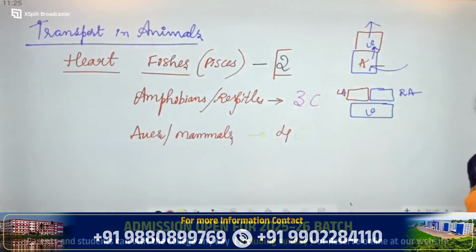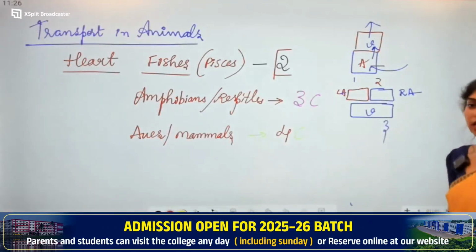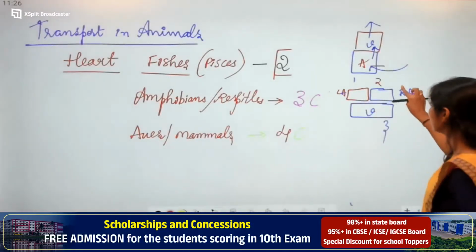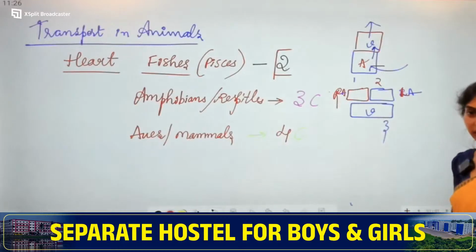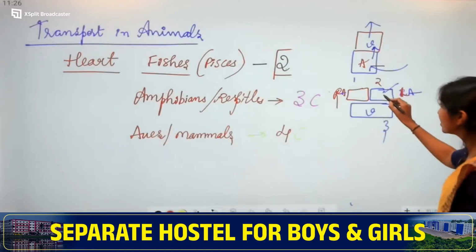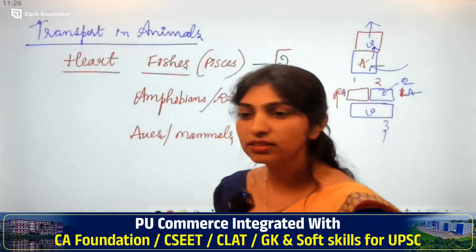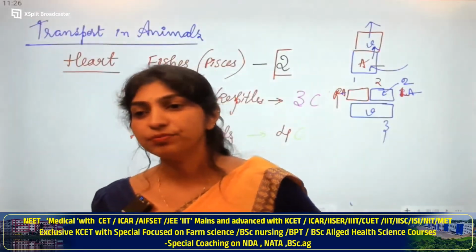They have a three chambered heart, correct? 1, 2 and 3 chambered. Sorry, this is the left atria and this is the right atria, correct? The left atria will receive oxygenated blood. Who will receive the oxygenated blood?